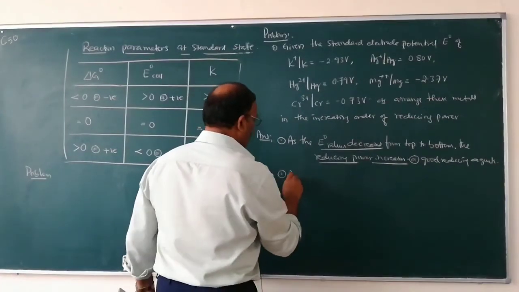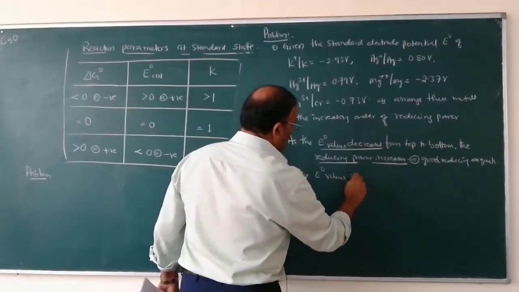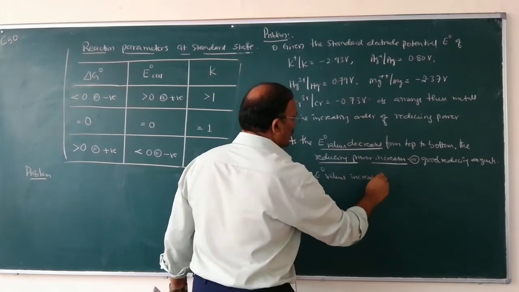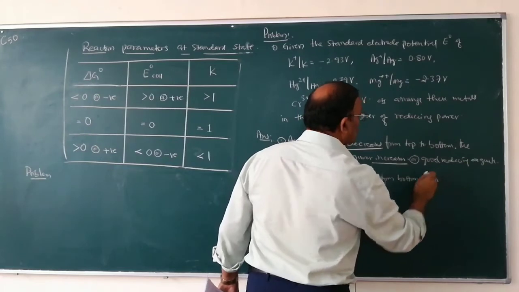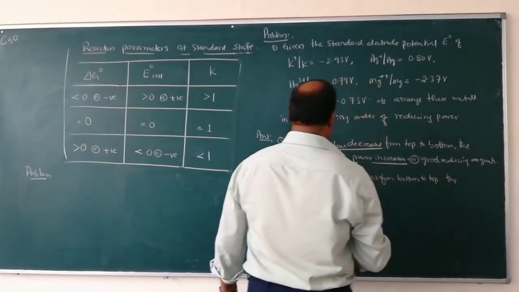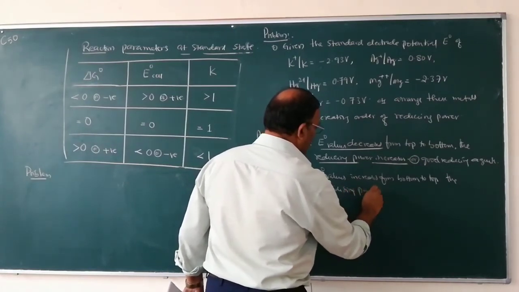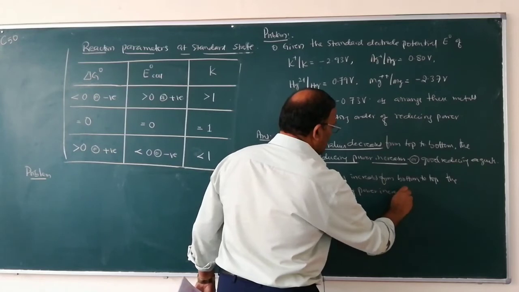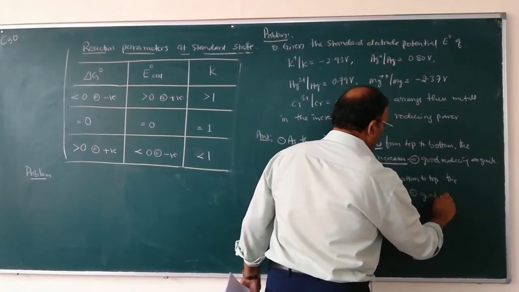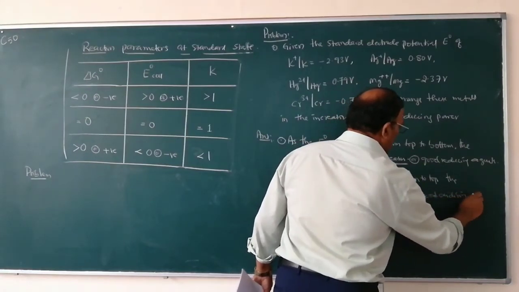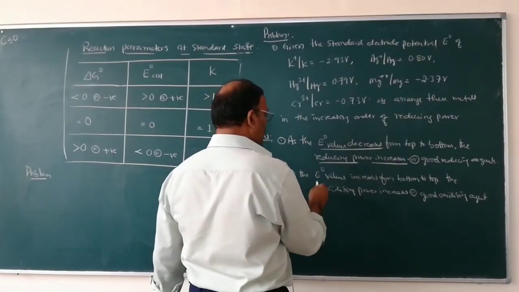Also, as the E0 value increases from bottom to top, the oxidizing power increases, or they are good oxidizing agents. So this is from top to bottom, this is from bottom to top.